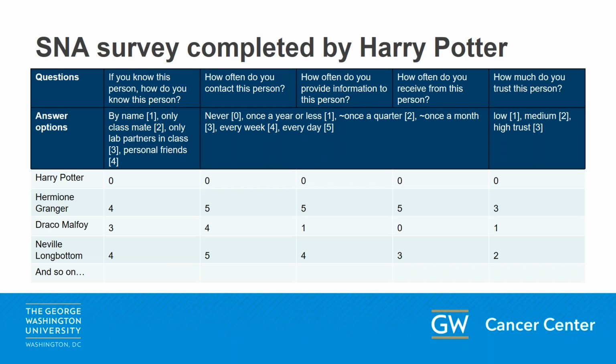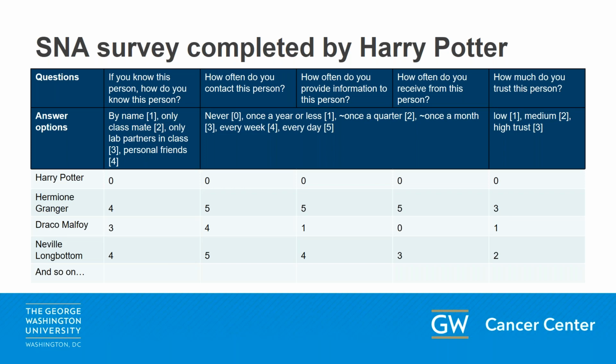So just to give you an example, let's say Harry Potter is completing the social network analysis survey that was created to assess the network of students at the Hogwarts School of Witchcraft and Wizardry. He would leave the first row blank because we're not interested in Harry evaluating himself, so it's all 0 on that first row.